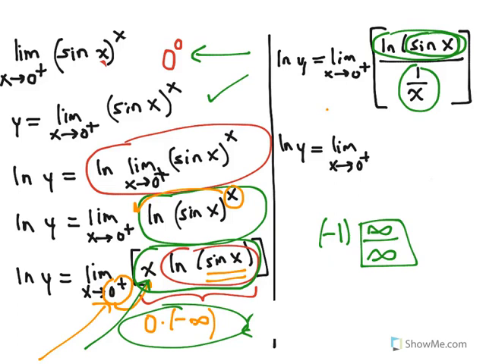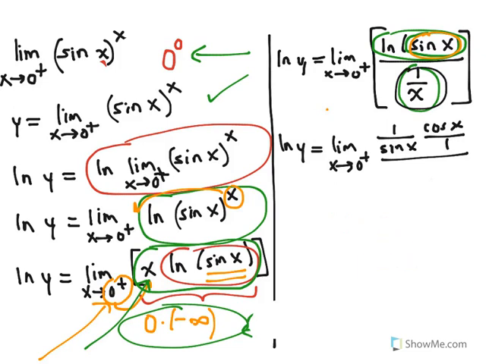The derivative of natural log of sine x would be the derivative of natural log, which is 1 over the argument, multiplied by the derivative of the inside function sine x using the chain rule. And the derivative of sine x is cosine x. So we have that over 1, all of that over the derivative of 1 over x.